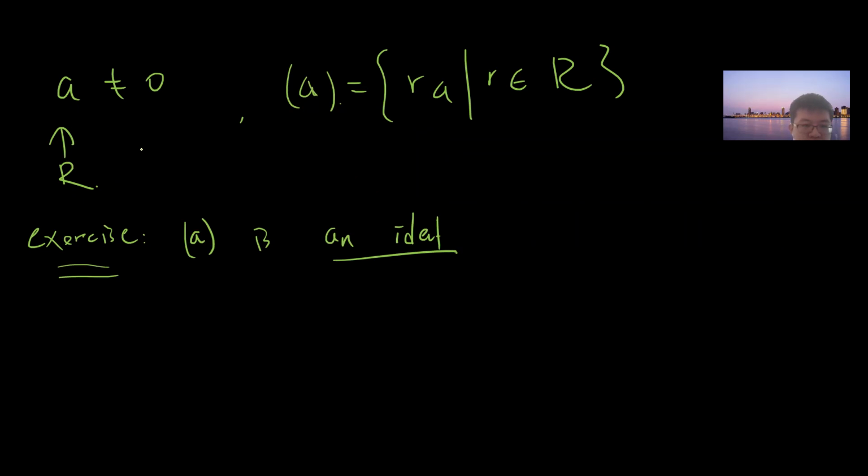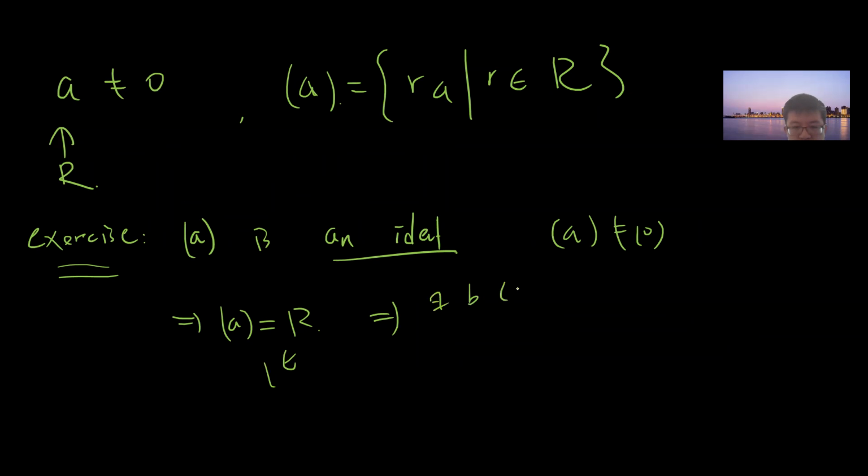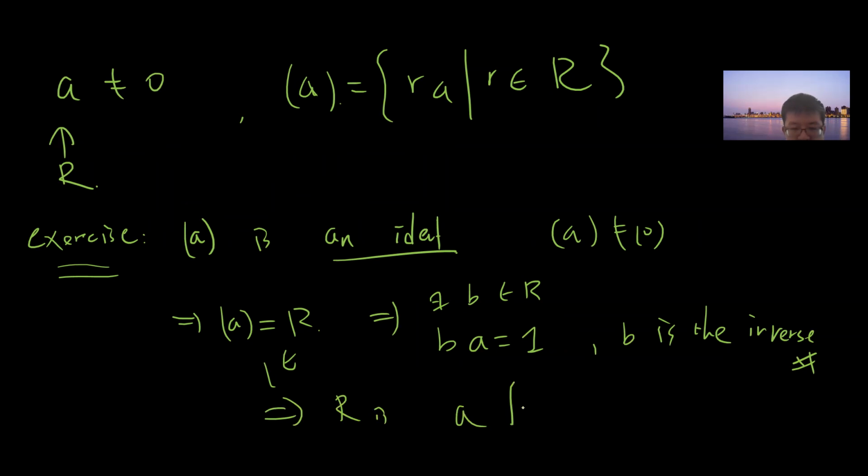Now we know that a is non-zero, so that means (a) cannot be the zero ideal. So (a) must be the whole ring. Which tells you that 1 belongs to (a), so there's a b in the ring such that ba is 1. So b is an inverse. So that means R is a field.